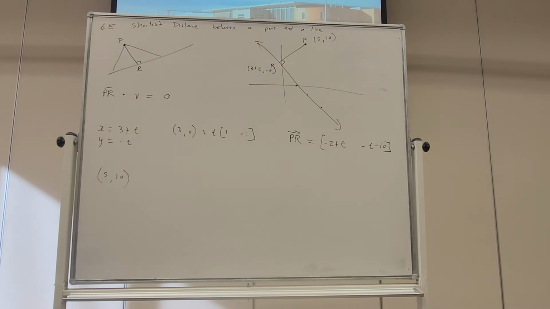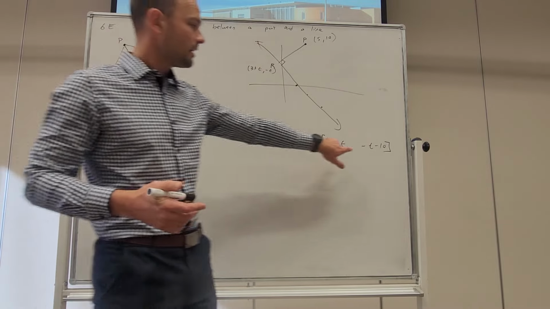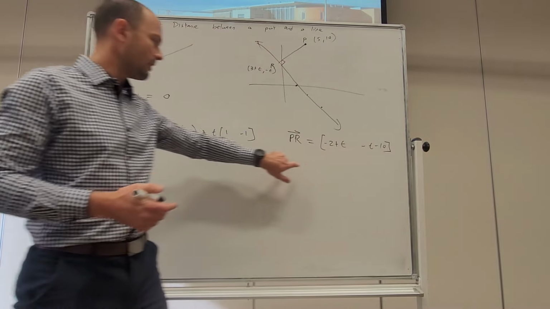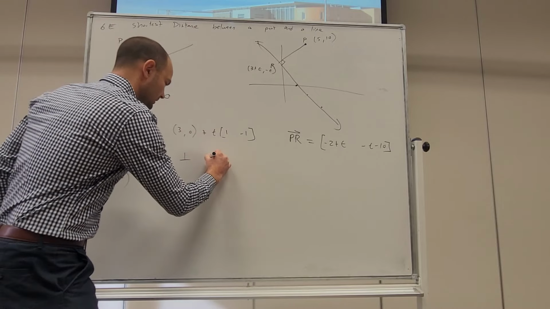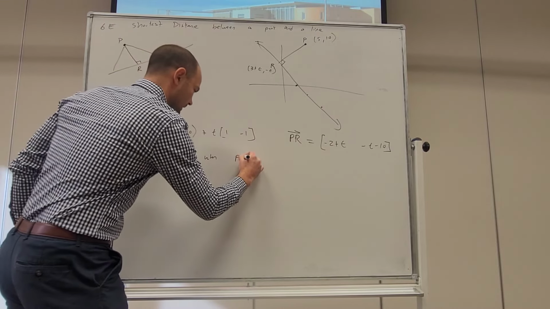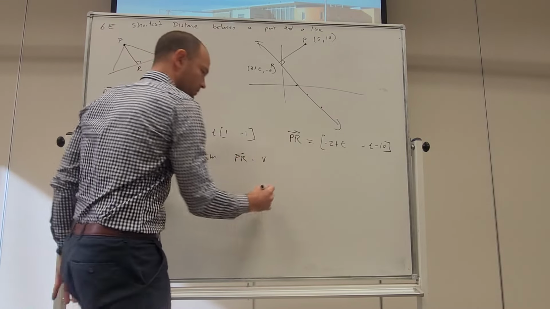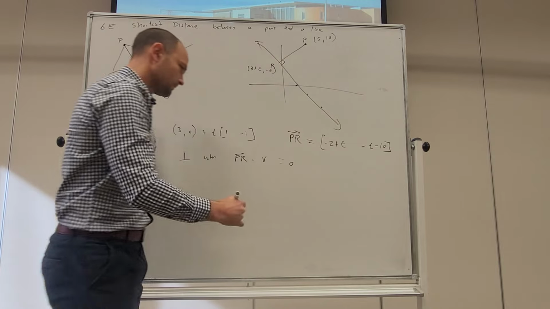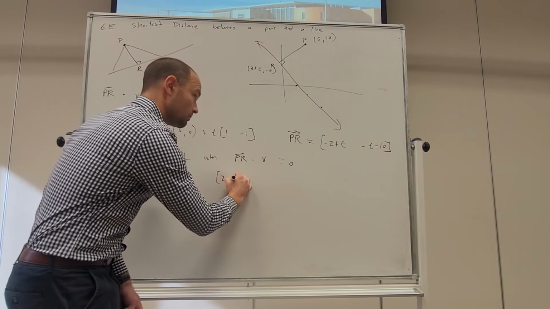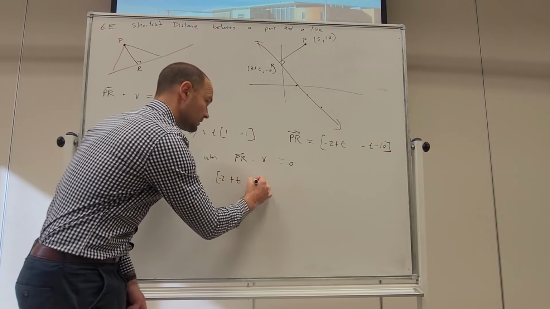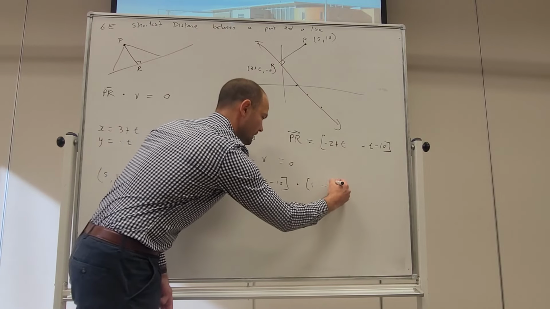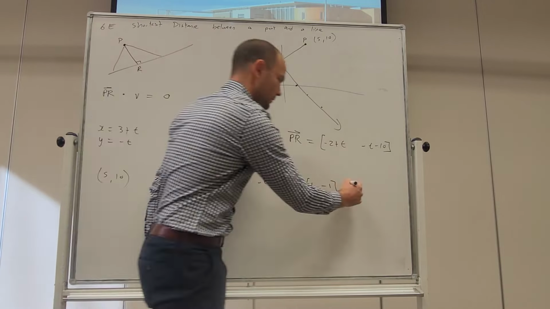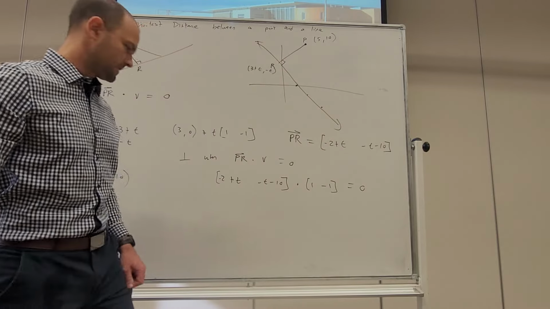And then they're going to be perpendicular when the dot product of PR and the direction vector equals 0. So we have (minus 2 plus t, minus t take 10) dot (1, minus 1) equals 0, and we'll solve through for t.